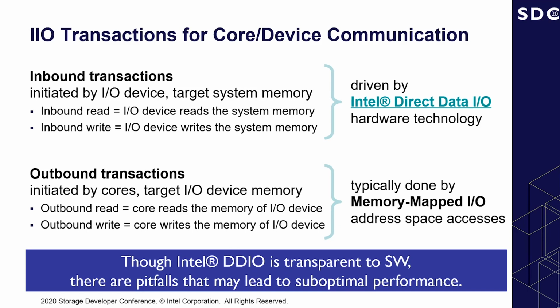Circling back to the inbound transactions, the thing to keep in mind is that this is where your bulk data transfer happens, right? If you need to move a lot of data one direction or another, really it's the I/O device that is mastering those requests to push data back and forth. These transactions are driven by Intel Data Direct I/O hardware technology.